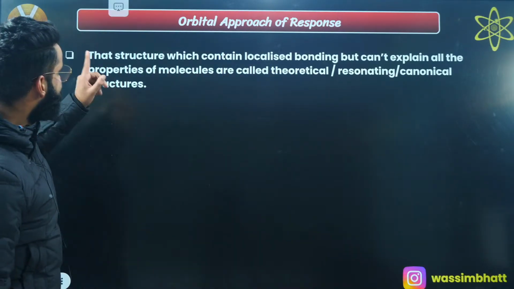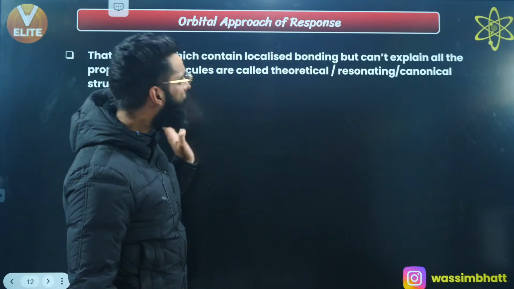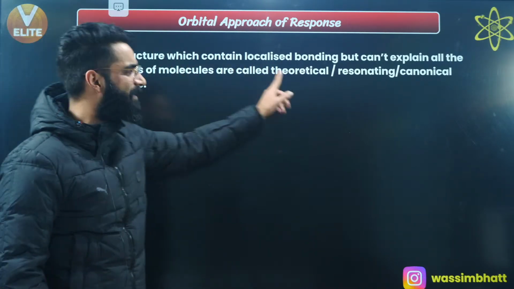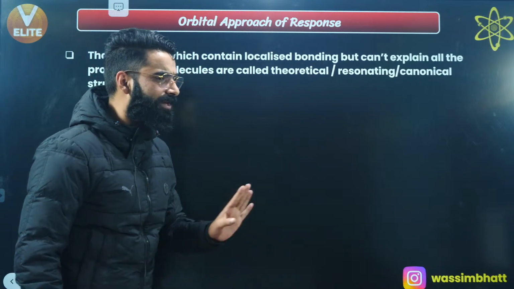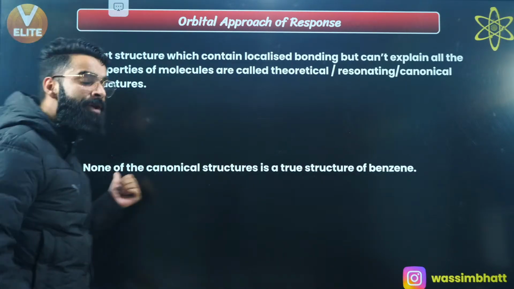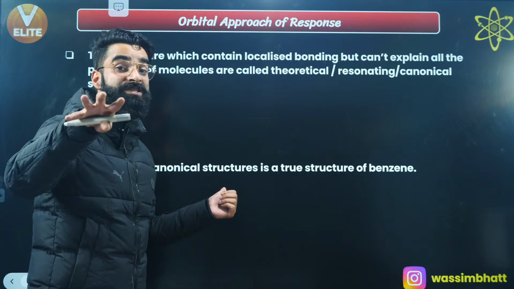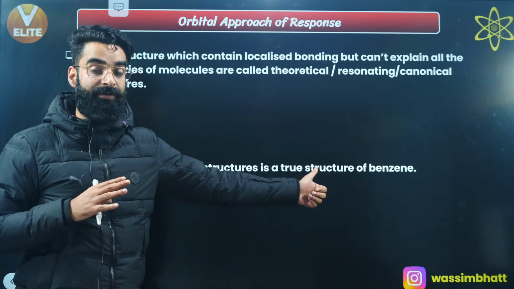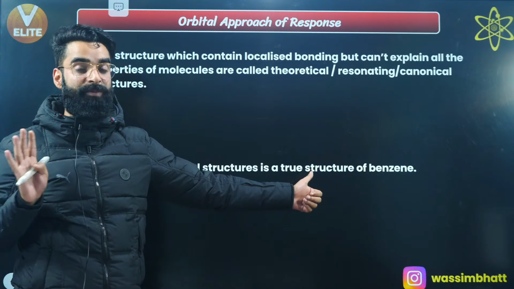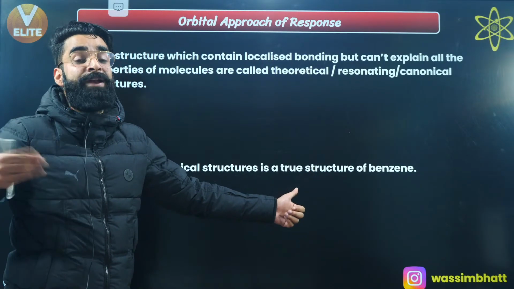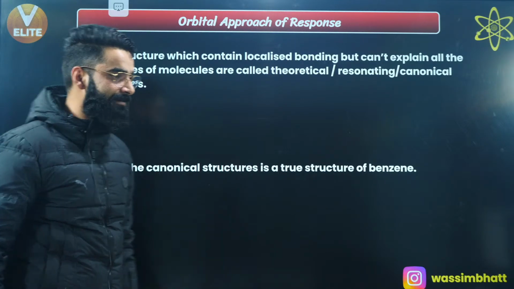Number one, that structure which contains localized bonding but cannot explain all the properties of the molecule is called a theoretical structure, or resonating structure, or canonical form, right? Point number two, none of the canonical forms is the true structure of the molecule, the true structure of benzene. Because I was talking about benzene a few minutes back, right? None of the canonical forms is the true structure of benzene, because none of them can explain all the properties of benzene, right?